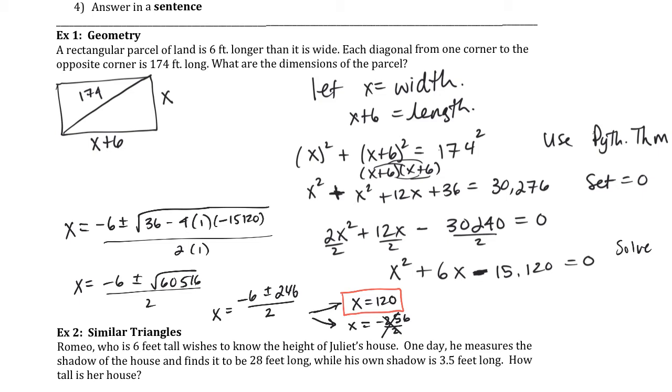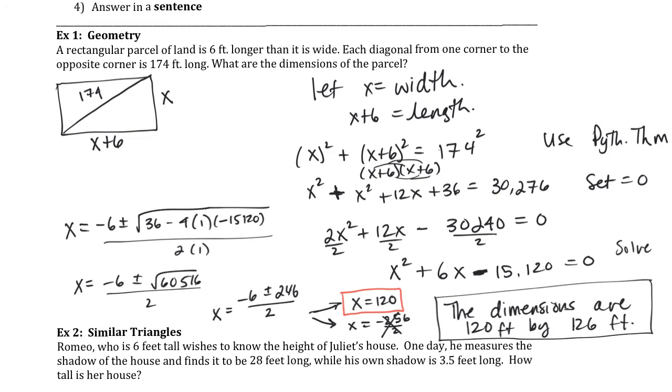And so then we're just going to write this as a sentence. The dimensions are 120 feet by, and the other one is 6 feet longer, 126 feet. Done.